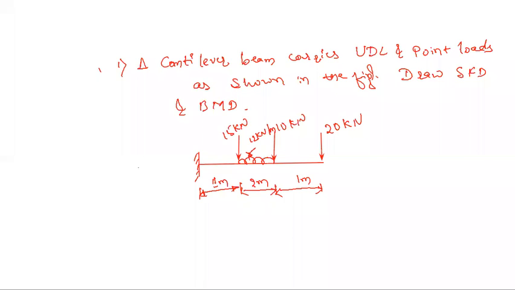For example, this is section A, this is section B, this is section C, this is section D. When you are making the sections, make sure that wherever there is a load, there you need to make the sections. Clear?